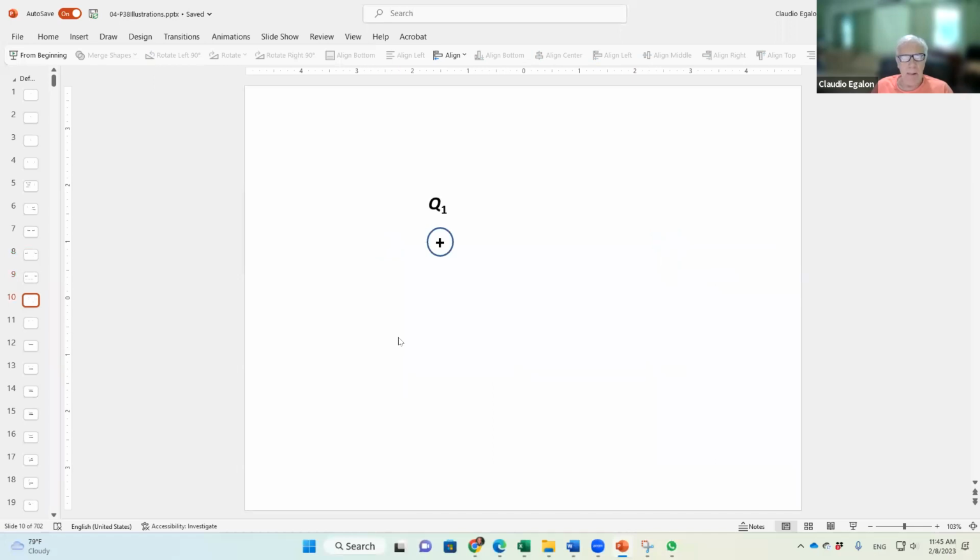Now we have charge 1, charge 2. We have this distance between them, and that's a vector distance from one charge to another, a position vector that goes from charge 1 to charge 2. And we have force of 1 on 2, force of 2 on 1.